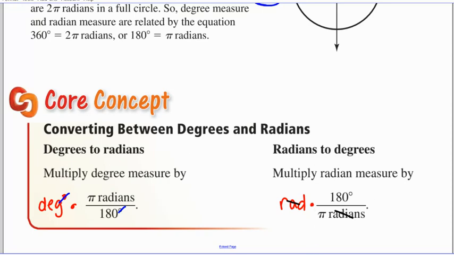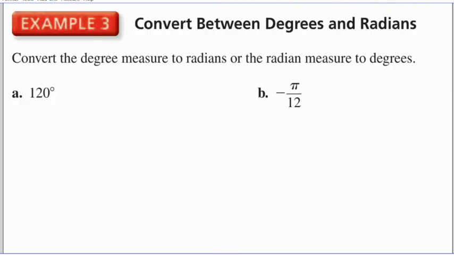So let's give that a go. We want to convert 120 degrees into radians. Okay, so we're going to take 120 degrees and multiply it by pi over 180 degrees. And the reason that we're using this fraction is because this fraction is actually equal to 1.